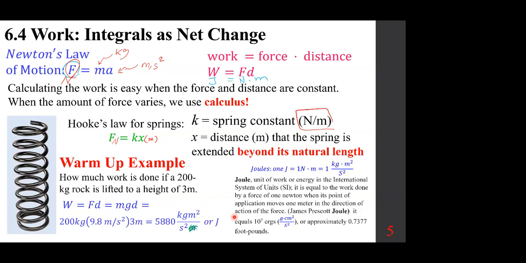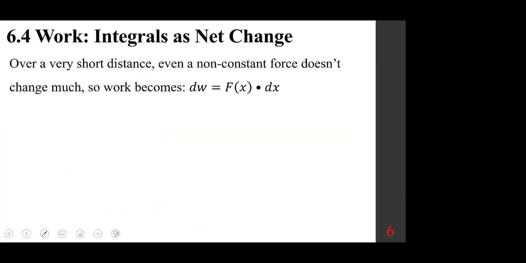Now what happens is that over a short distance, if we have a small distance, even if the force is not constant, we can assume it's constant, just like what we did with the area and the volume. So an increment of work will be capital F of x times dx.